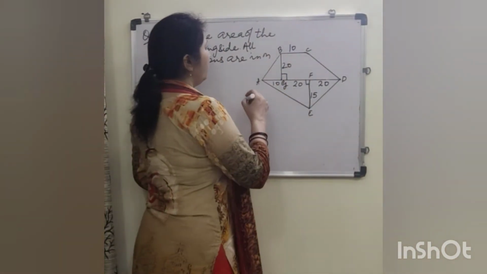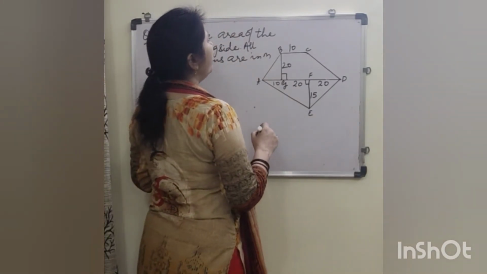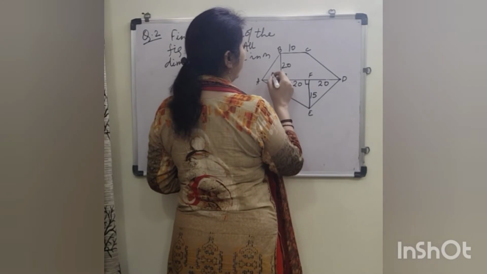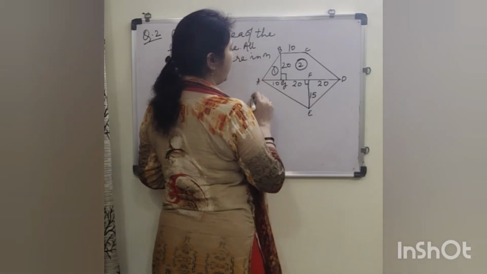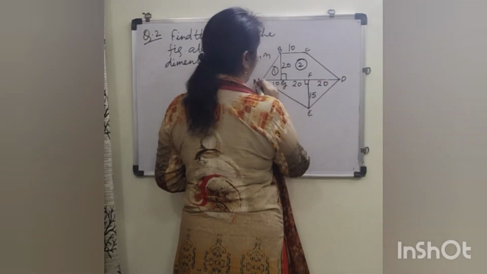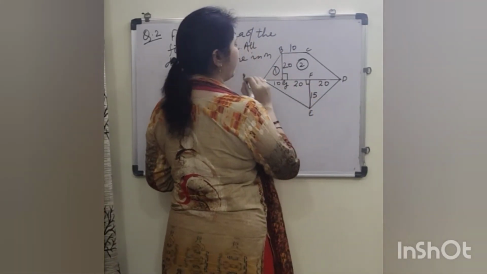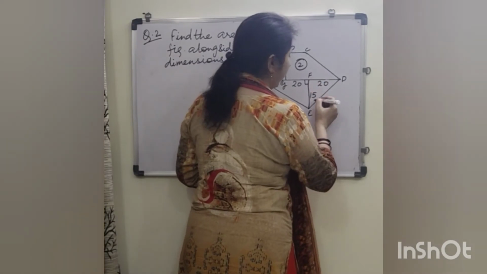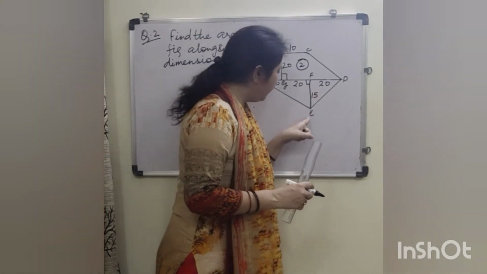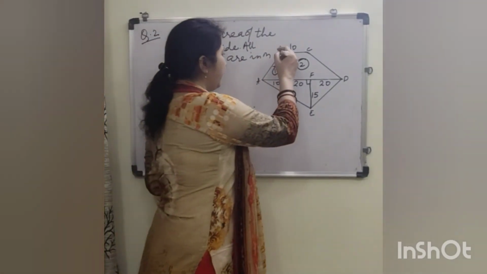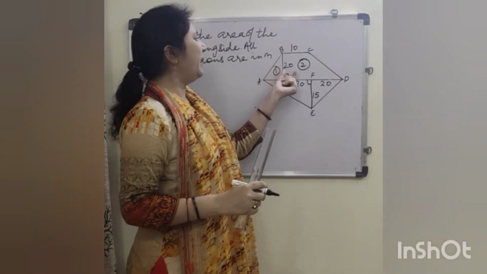Now just look, we have A, B, C, D, E, this pentagonal field, which we have divided as per the given sides into the first shape, a right triangle, second a trapezium, and third, on the base only, one triangle whose base is AD, that is 20 plus 20 plus 10, 50, and whose height is 15, because the perpendicular dropped on the base AD is EF. Here the perpendicular is BG, whose measurement is 20.